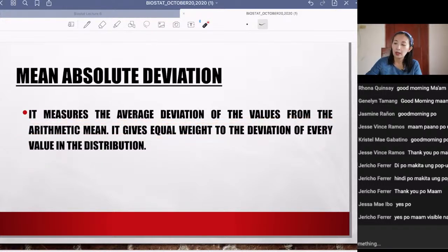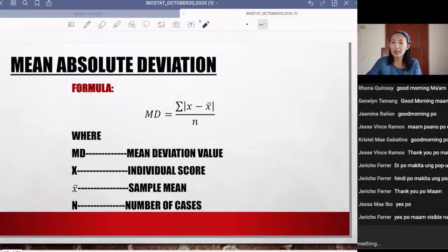Okay, now, the mean absolute deviation, or MAD, mean absolute deviation, is simply summation of the, look at this, absolute value. What is this measure, or should I say, what is this all about?